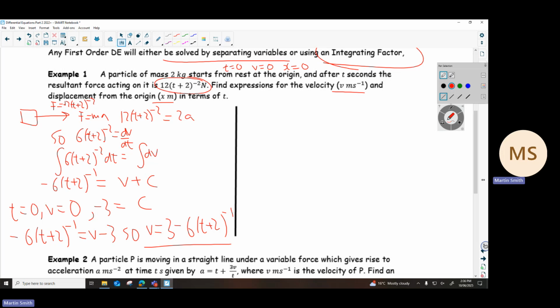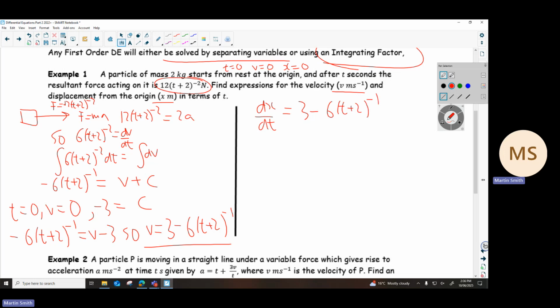It also wants an expression for the displacement from the origin in terms of t. Well, I can get that by going to this thing I've just proved and now replacing the velocity with dx by dt. So this means that dx by dt is equal to 3 minus 6 times (t plus 2) to the minus 1.